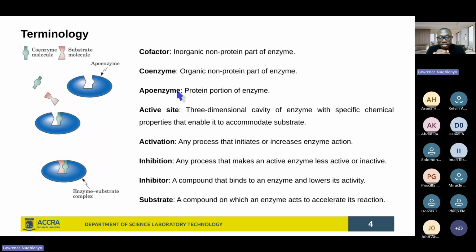And we have substrate. So the substrate is the compound on which the enzyme is acting. So for instance, that reaction we saw from the beginning, where we saw sucrose, that was getting broken down into carbon dioxide and water and giving out energy. The substrate there is sucrose, the sugar.